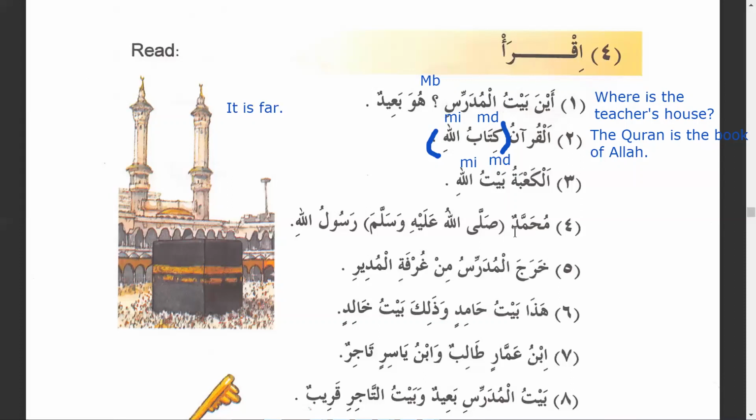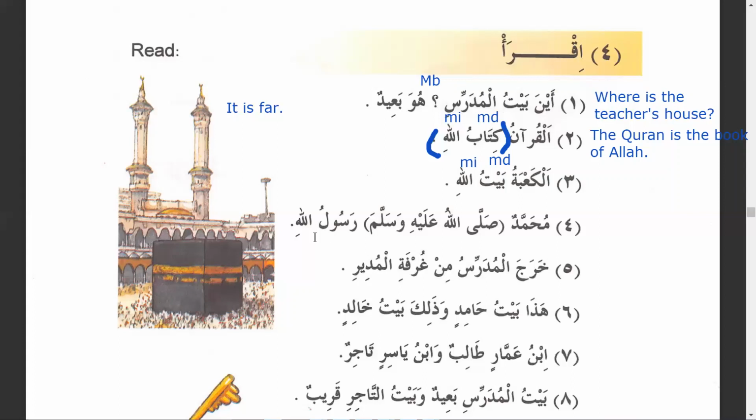Now this one. Muhammadur Rasulullahi. Translate this. Muhammad, peace be upon him, is the messenger of Allah.